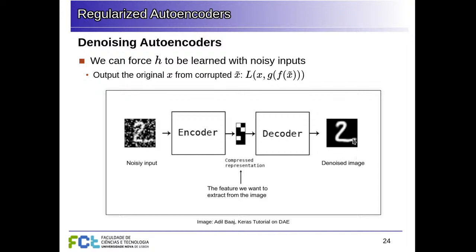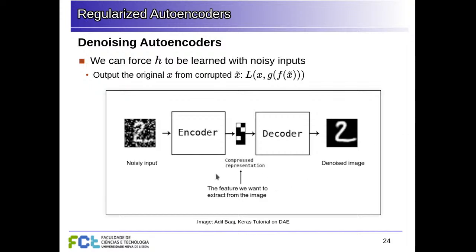So the autoencoder is not learning to output exactly the same thing as we input, but learning to output the image or the input vector, the original one, without the added noise. And this is why it's called the denoising autoencoder, because it's learning to remove the noise from the data.